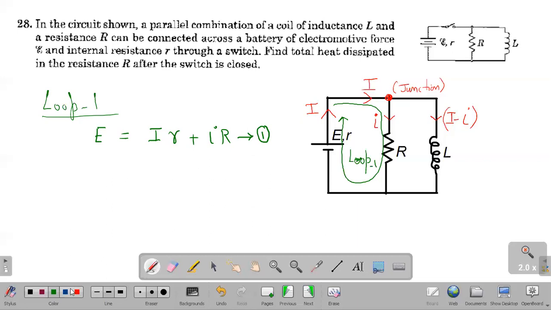Then I will consider another loop, loop number 2, which is through the inductor and via the capital R resistance. That is my loop number 2.